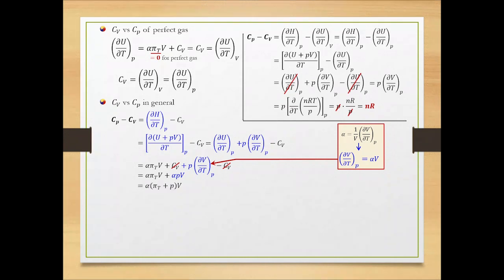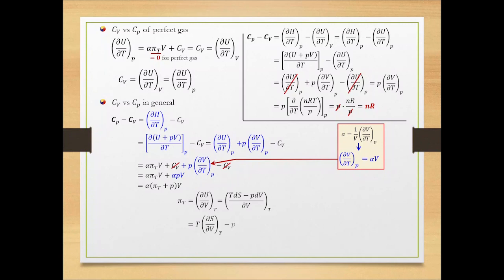Alpha V can be factored out, and it can be written as alpha times pi T plus P times V. The internal pressure pi T is defined previously as the first partial derivative of U with respect to V at constant T. The differential of U is equal to T dS minus P dV.